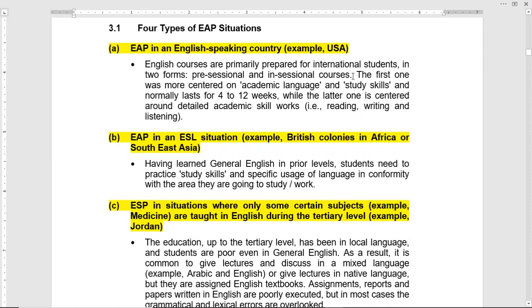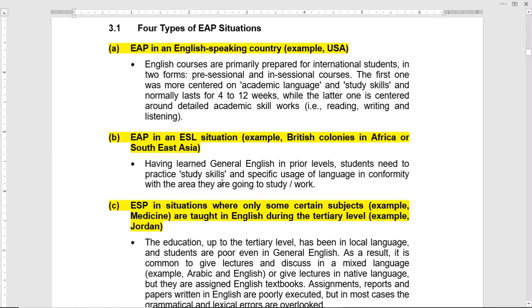Then while the university courses are going on, they will have English language help. The first one is more centered on academic language and study skills and normally lasts 4 to 12 weeks. The latter one is centered around detailed academic skills work, for example reading in a particular subject area, writing in that, and listening and speaking.